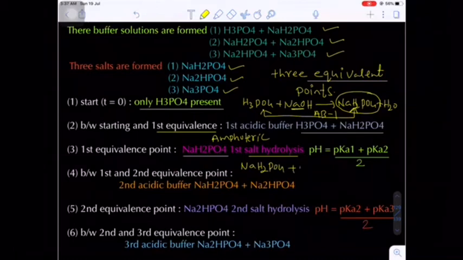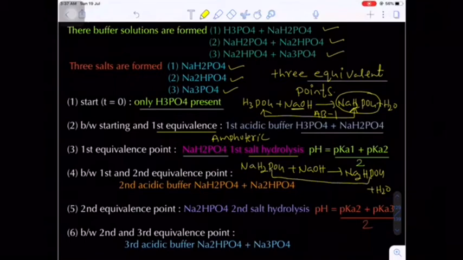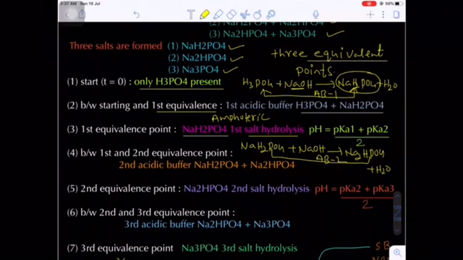Yes or no? Now in between the first and second equivalent point there will be the second buffer, that means in the solution you already have sodium dihydrogen phosphate. Now you are adding the NaOH, which is also the limiting reagent, so we will get disodium hydrogen phosphate. Yes or no? Now here what happens? You will have the second buffer, this is the acidic buffer number 2.